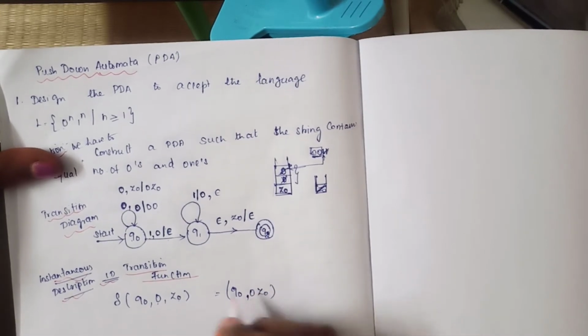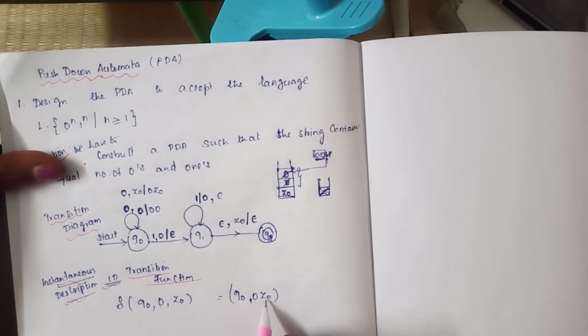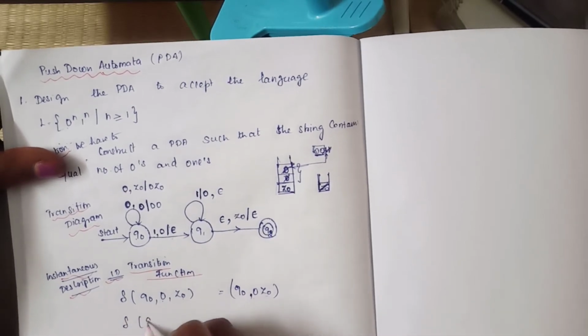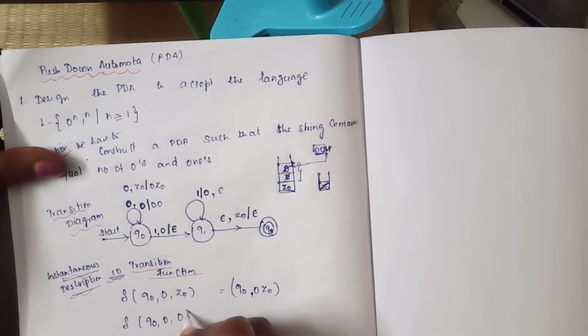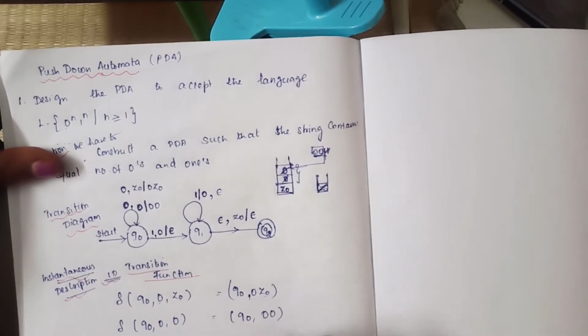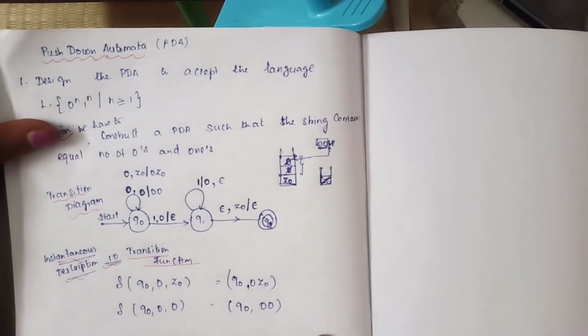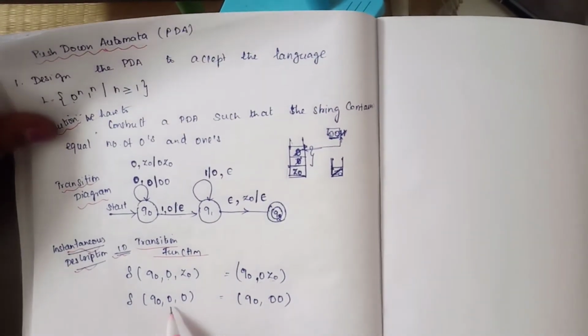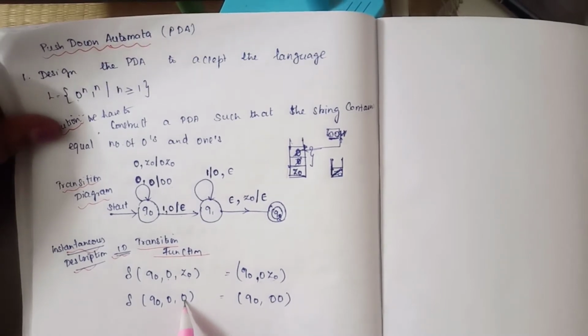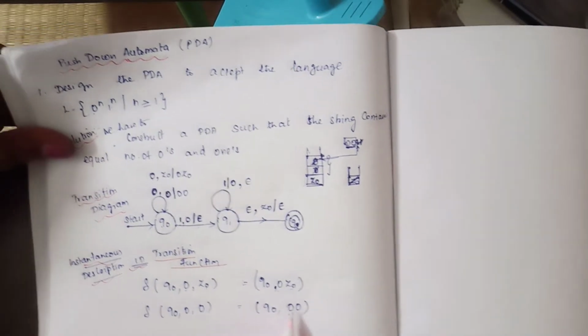So this is after pushing 0 onto the stack. This is the stack condition now. After that you will have q0, 0 comma 0. It will have q0 comma 0 0. So the input symbol is 0 and the top of the stack is also 0. Now my stack is on the same state, which is 0 0, right?